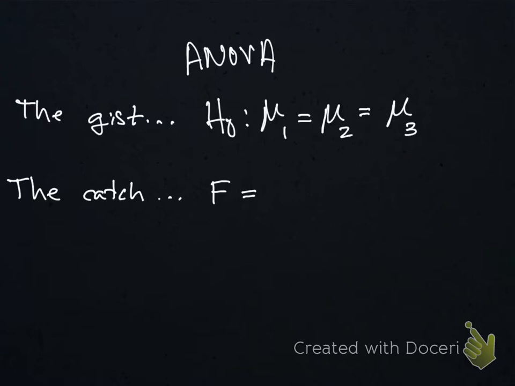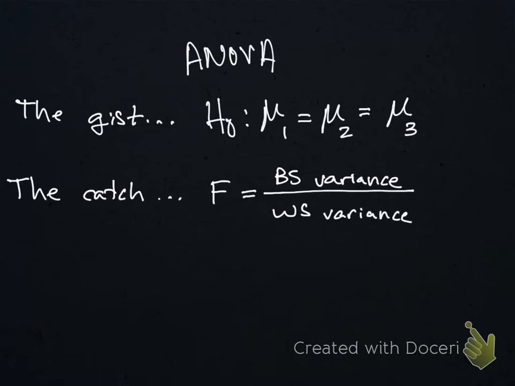More specifically, it's a ratio of what we call between subjects variance to within subjects variance. And I want to really make that clear that this is a ratio of variability. Again, ratio of variability.